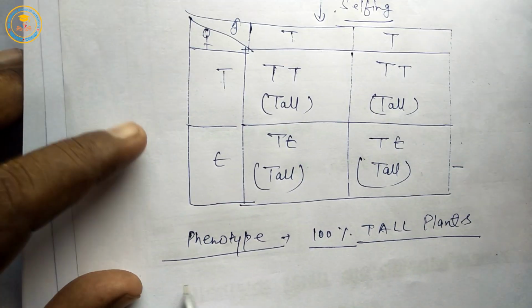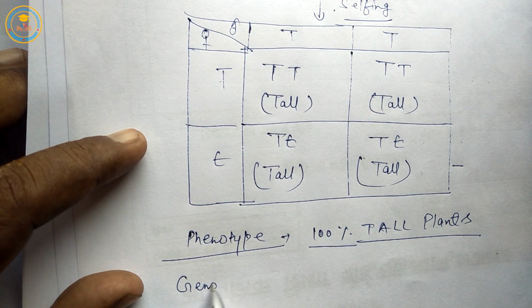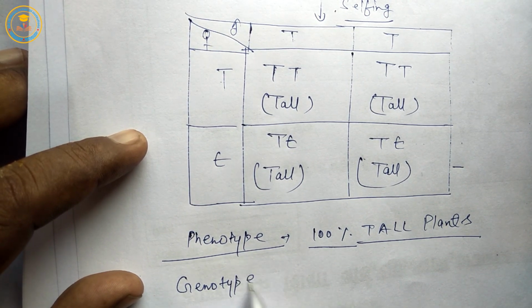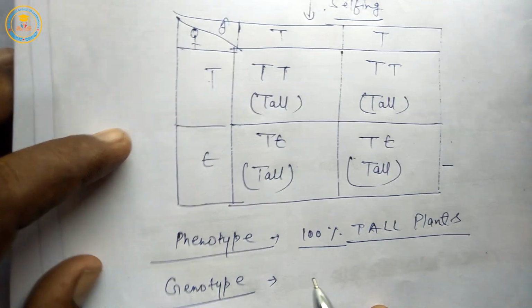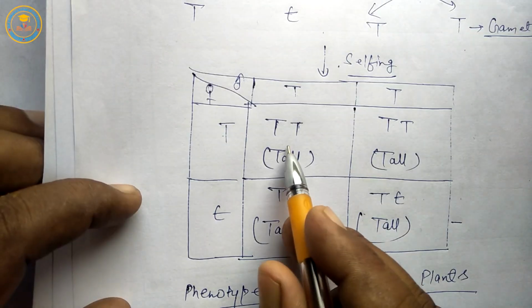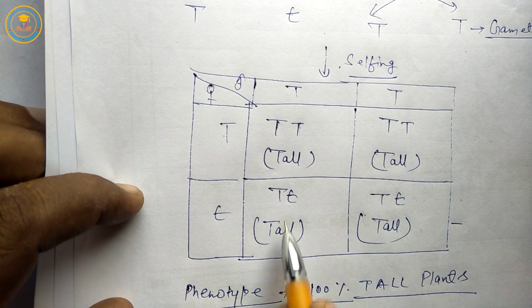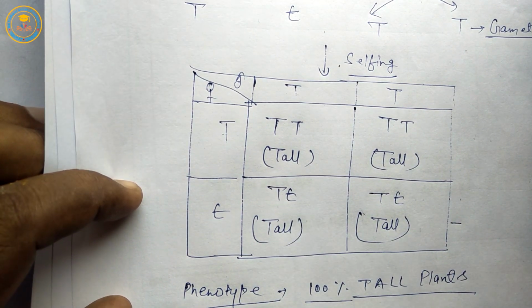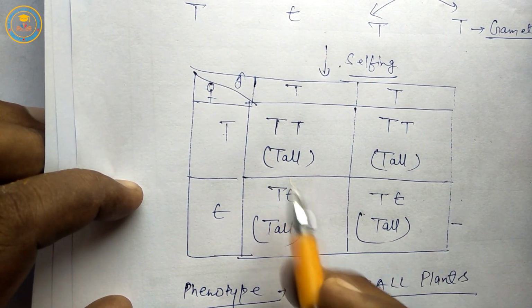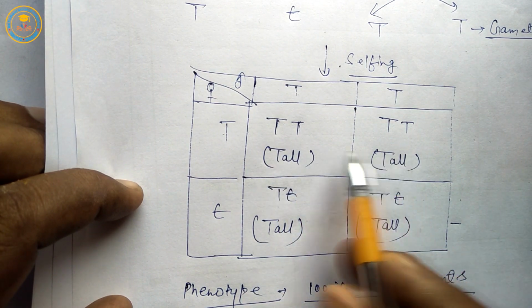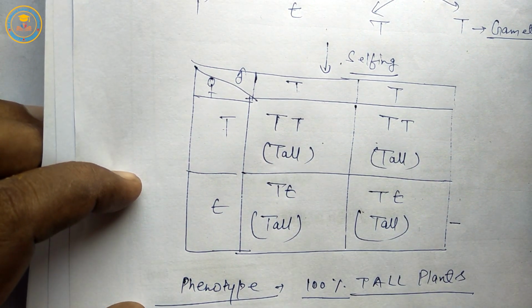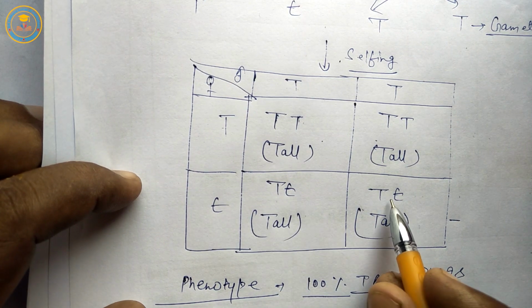Second, genotype, it means genetic constitution. First is capital T capital T, second is capital T small t. Capital T capital T 1, 2, capital T small t 1, 2.